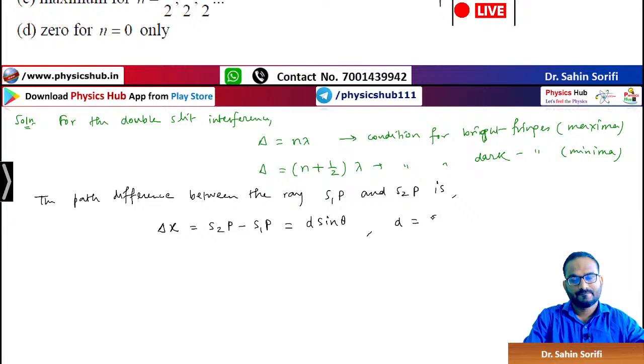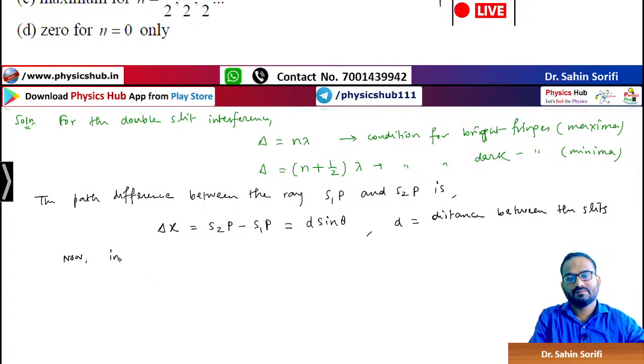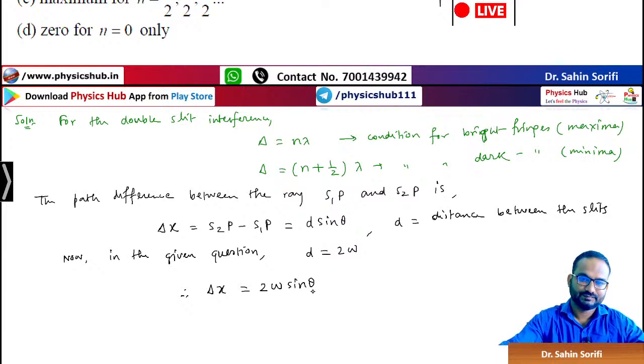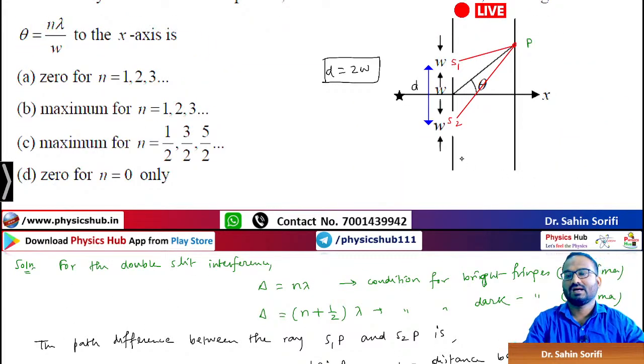So in the given question, d is equal to 2 times w. Therefore, we can say that delta x is equal to 2w sin theta.